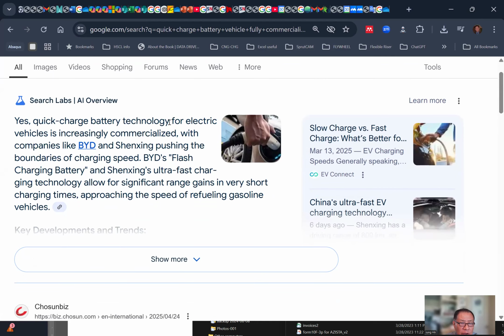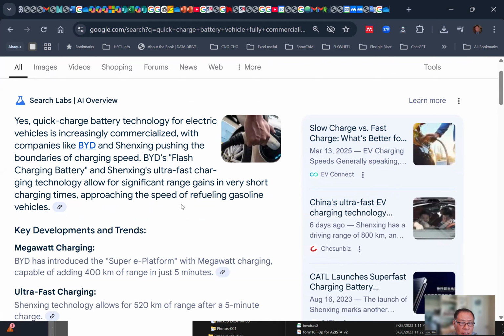Quick charge battery technology for electric vehicles is increasingly commercialized. This is one of the most severe drawbacks of the battery types for electric cars. Again, conventionally it takes several hours, but recently BYD announced a very fast, even faster than just fast, flash charging battery technology with a very short charging time.